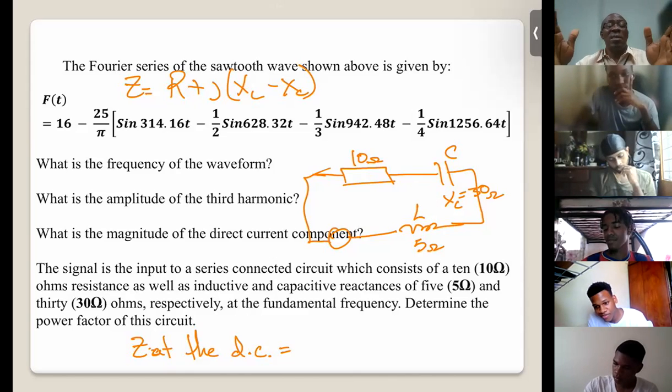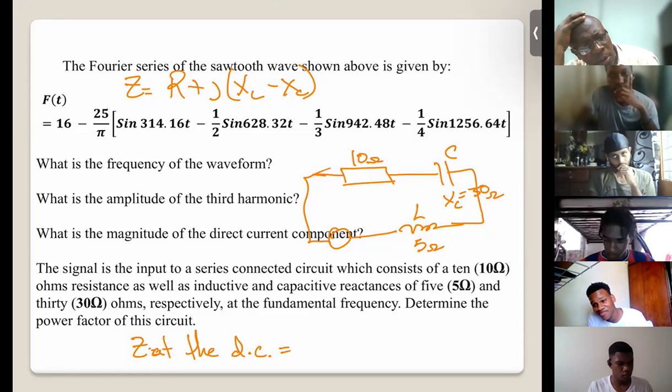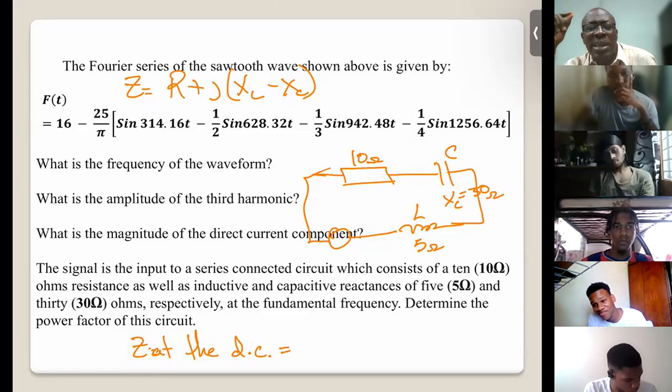So, yes, this is the task for you all. You write down this question, and I'm not asking you to determine the power factor. What I want you to do is to write the complete expression for the current.